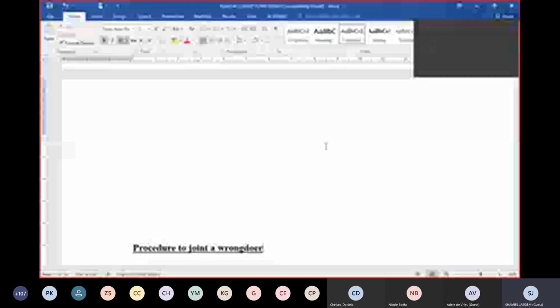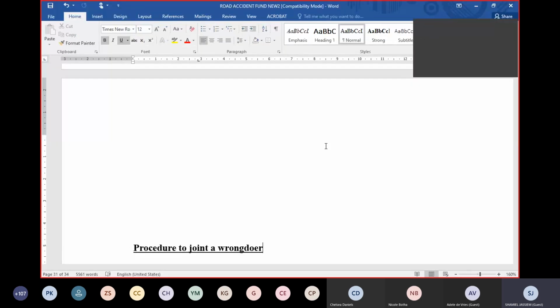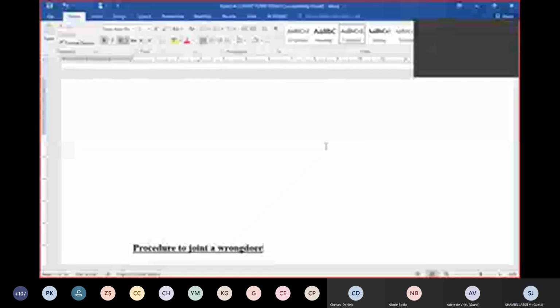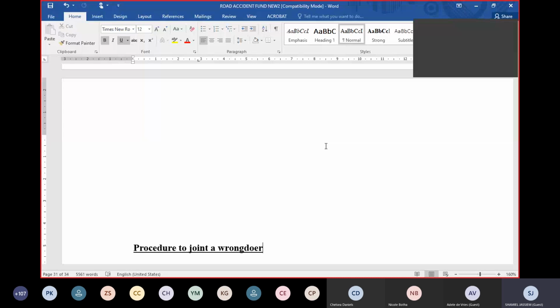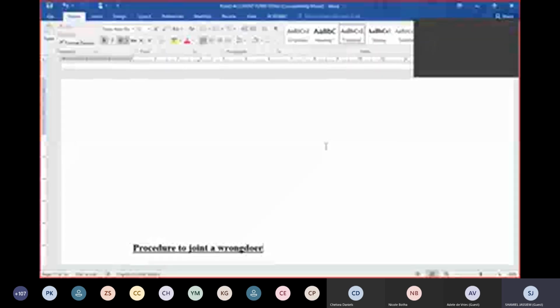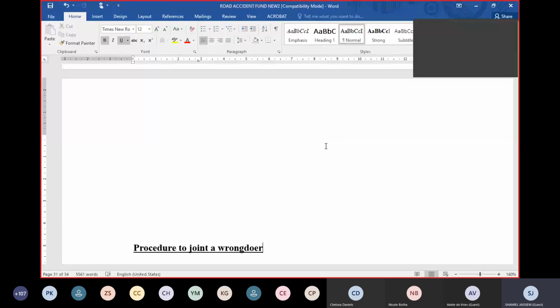The example that we gave now, plaintiff opted to sue both first defendant as well as second defendant. But it may be that plaintiff only sued defendant one.